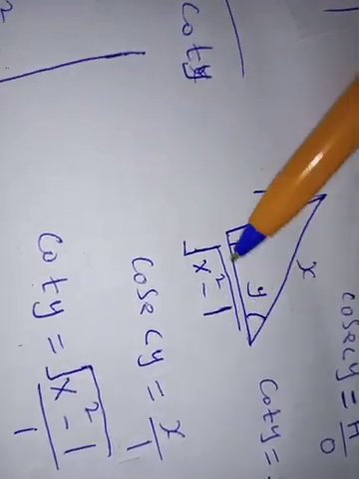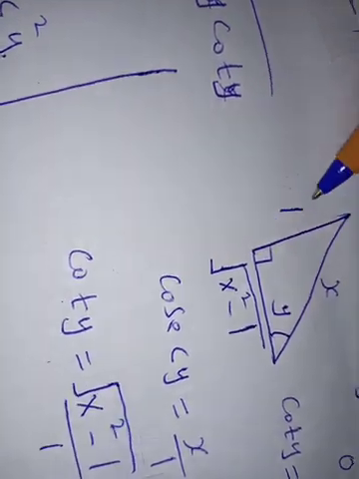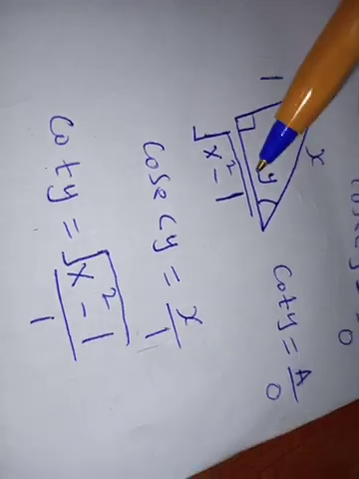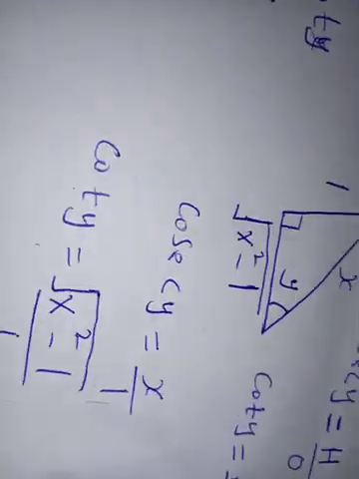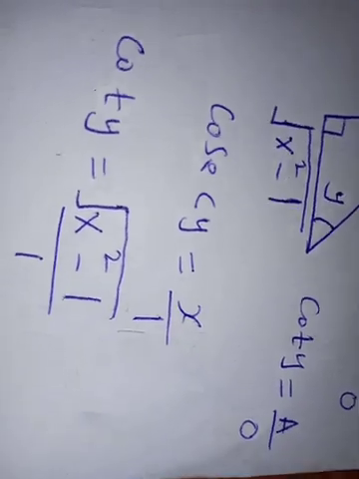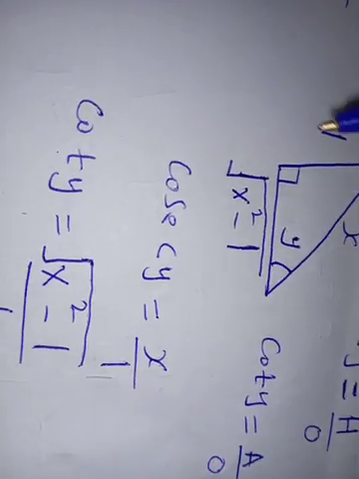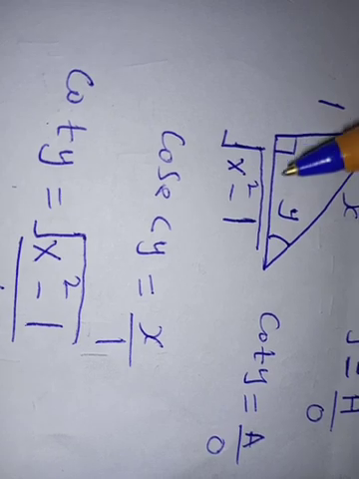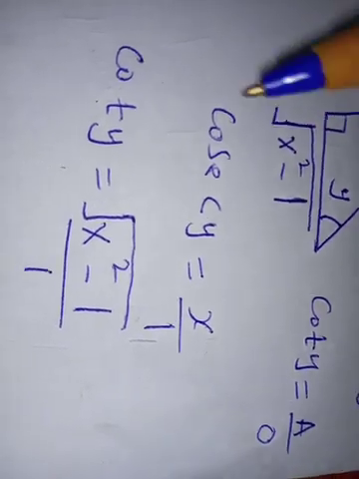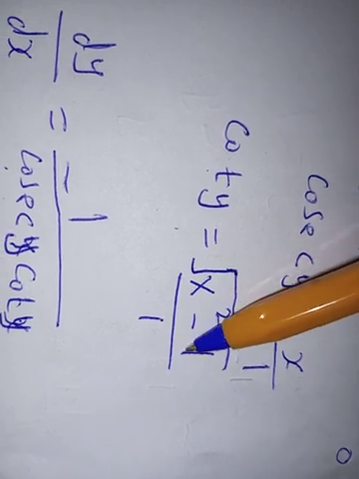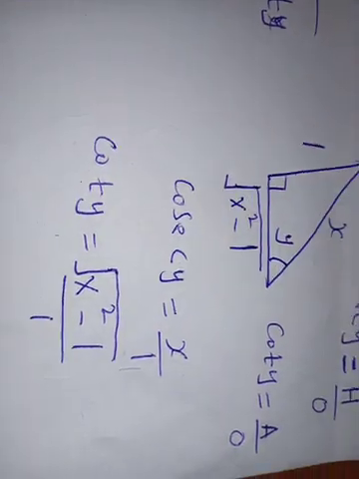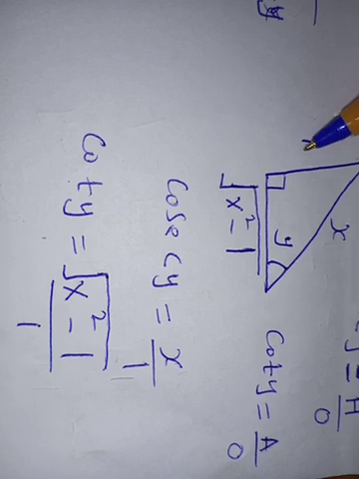Now to get the base, it is the square root of x squared minus 1. Now cot y is adjacent over opposite. Our adjacent is the square root of x squared minus 1, and our opposite is 1, as indicated there.